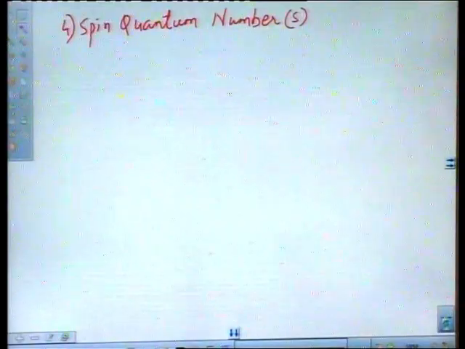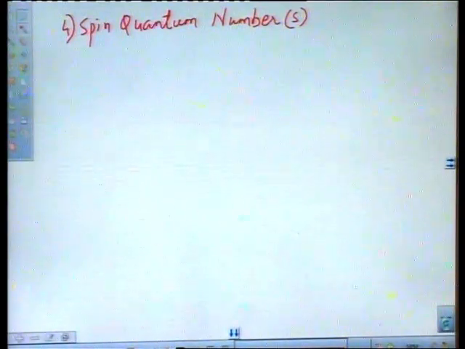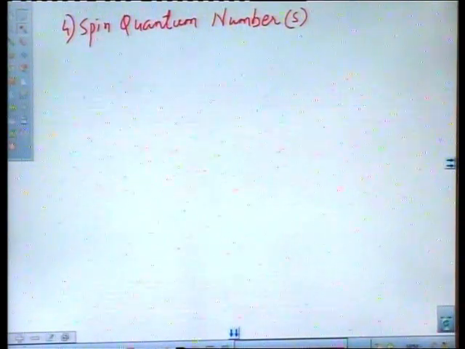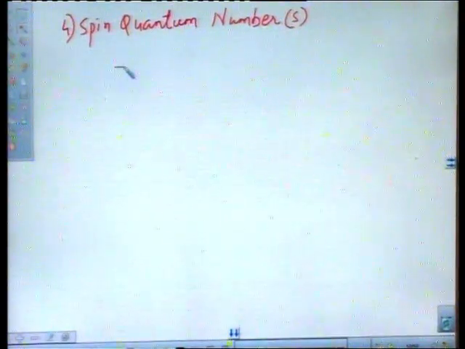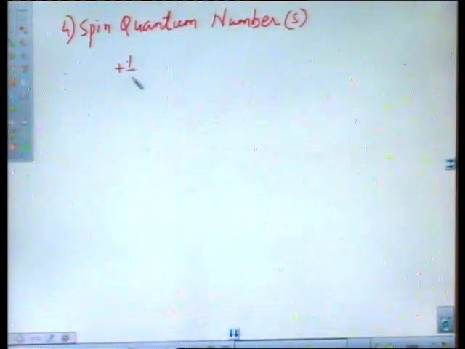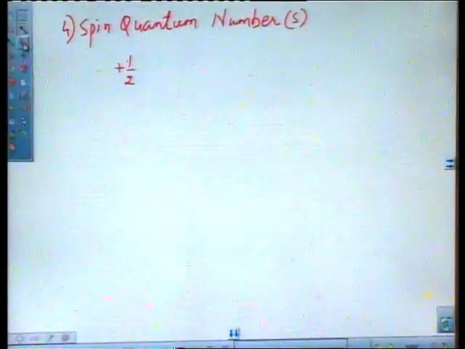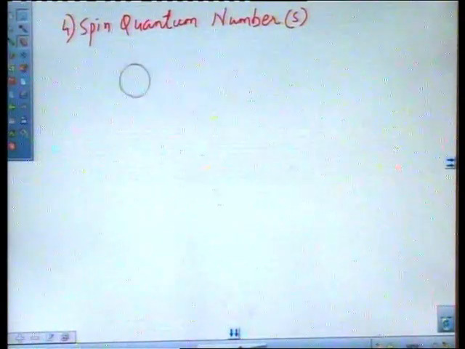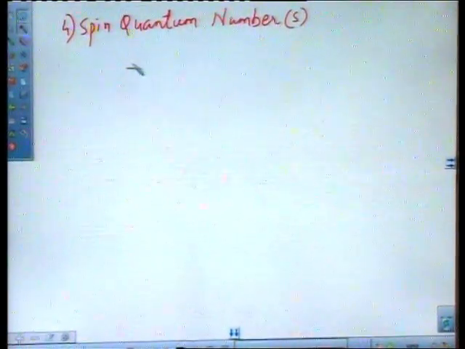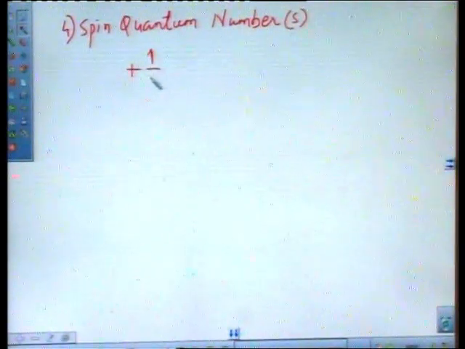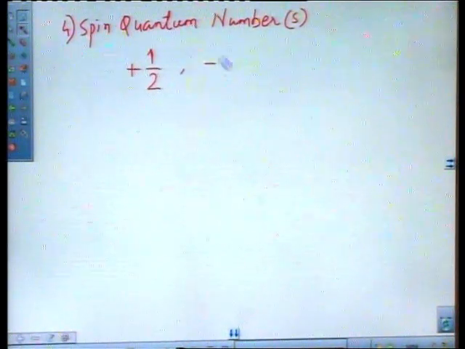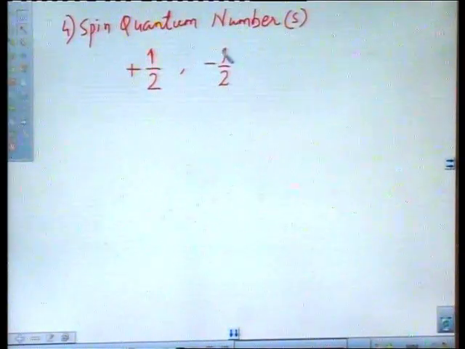This is represented by small s. The value of s may be plus half and minus half.